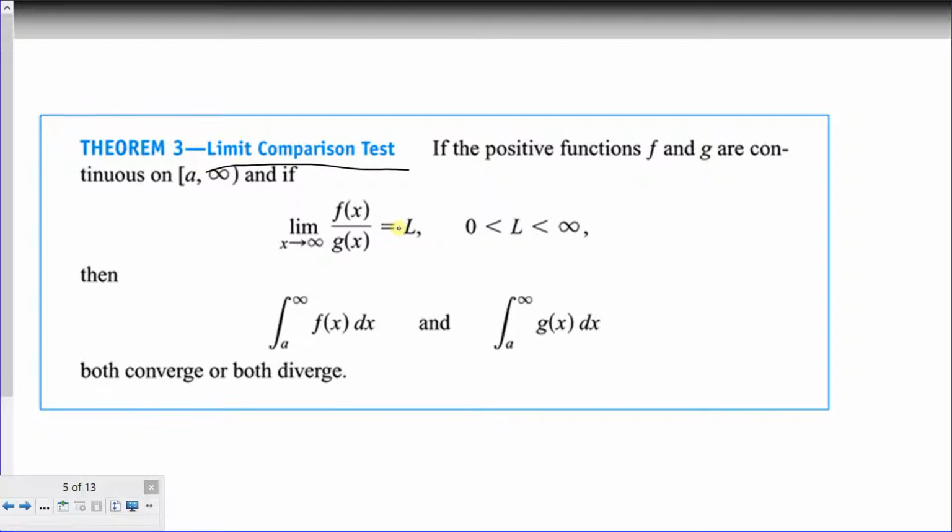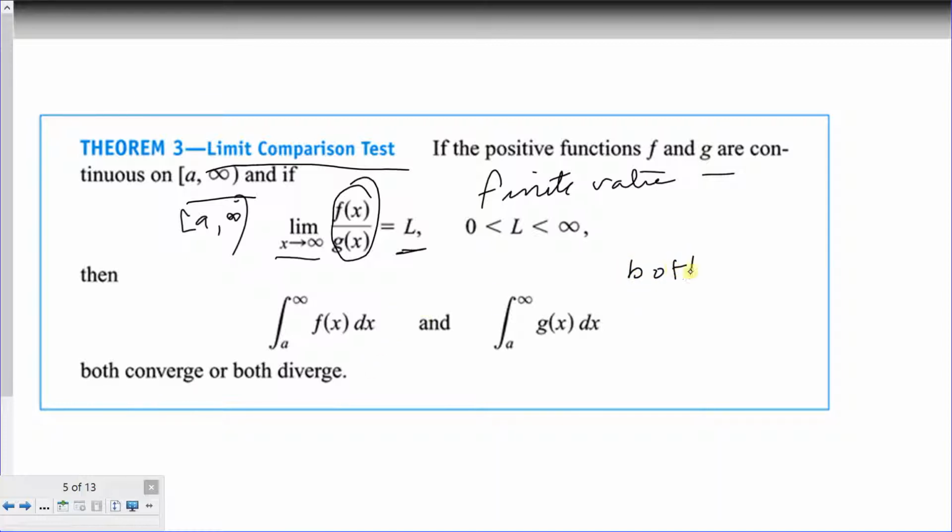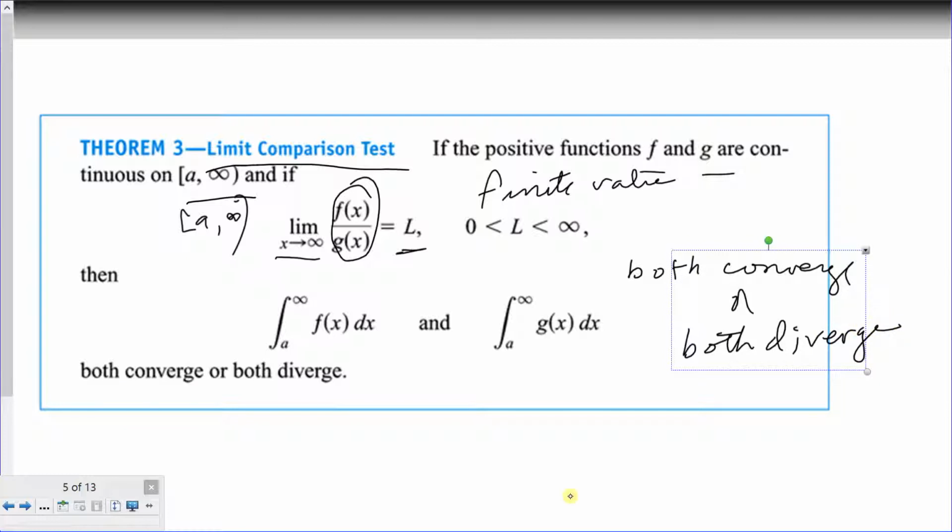Basically, if you have two positive functions, f and g, that are continuous on an interval closed at a and goes to infinity, and if you can calculate the limit of f of x divided by g of x as x goes to infinity, and it equals L, a finite value between 0 and infinity, then you know that either both converge or both diverge.